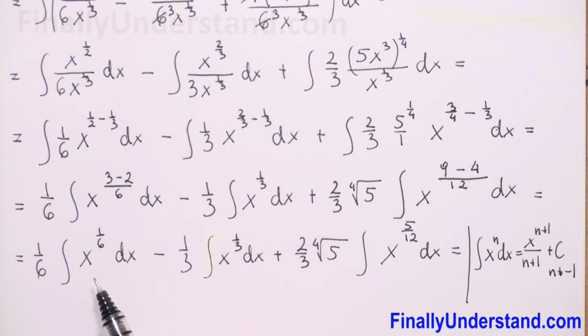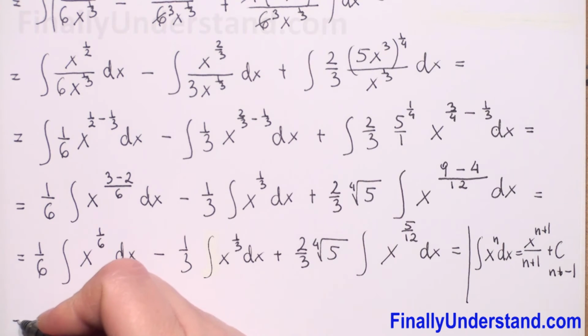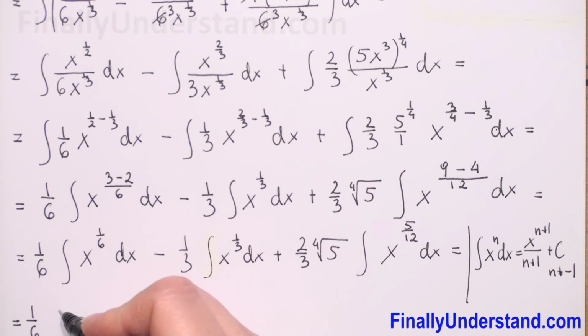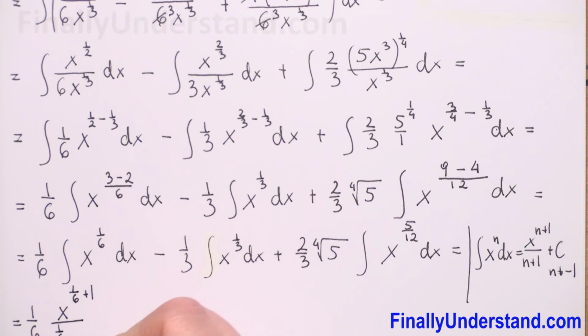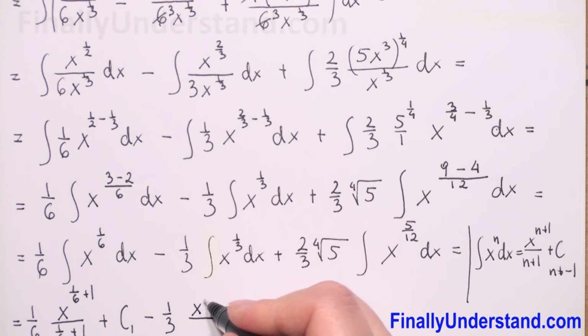In the first integral, we have n equals 1/6. So first we have to copy the constant. Next, we have to put in the numerator x to the power 1/6 plus 1 over 1/6 plus 1 plus a constant, of course, because this is the first integral, I put C1, minus 1/3 we have to copy, and we have x to the power 1/3 plus 1 in the numerator.